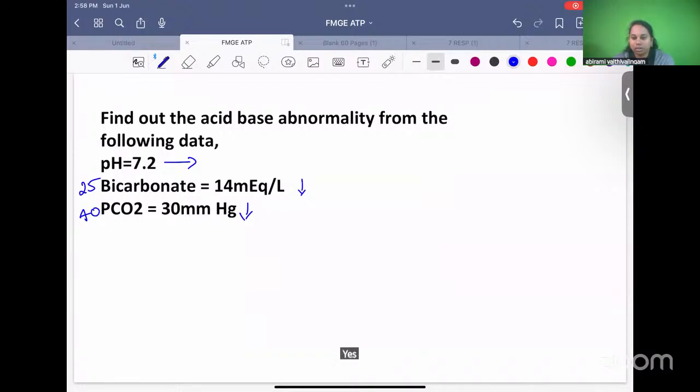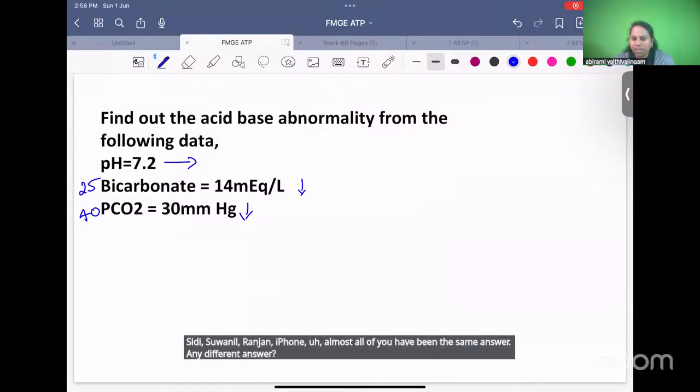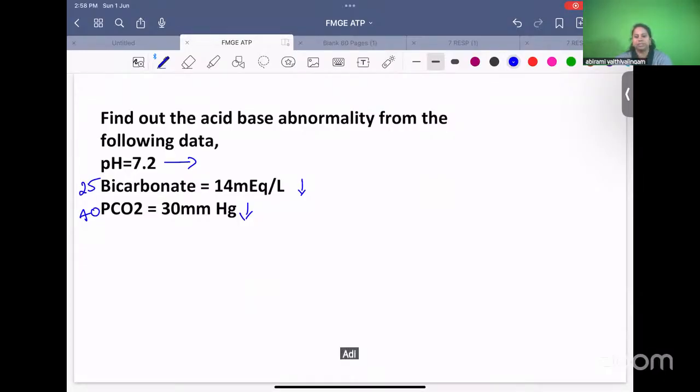Yes, we've got 1, 2, 3, 4 answers. Almost all of you have given the same answer. Any different answer? Excellent, all of you. Right answer, metabolic acidosis.